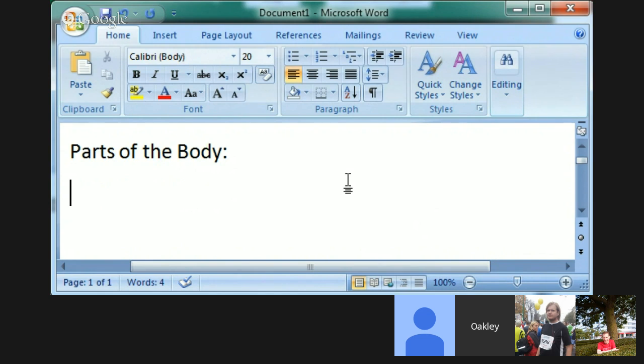Hand. Okay, hand. Can hand be used as a verb? I think so. Yeah, okay. Why don't you give it a try, see if you can use it in a sentence to give us an example.